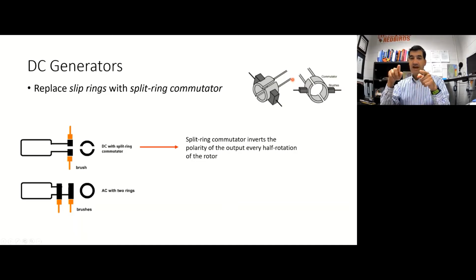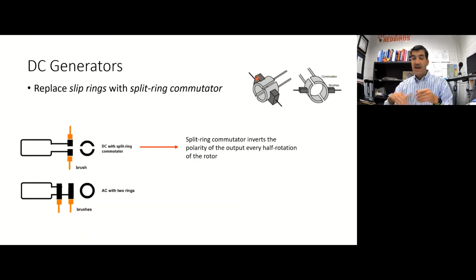And now the armature rotates half a turn, right? And remember, when the armature rotates half a turn, if it was an AC generator, then it would be producing a negative voltage. But if this rotates half a turn, now this side of the armature is actually going to be connected to the other side of the split ring commutator, the other brush, right? And this side of the armature is going to be rotated and it's going to connect to this brush.